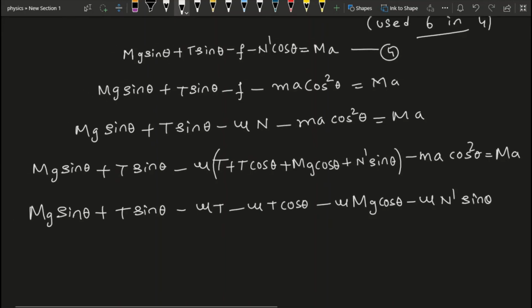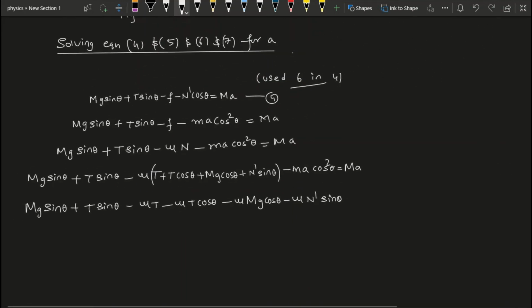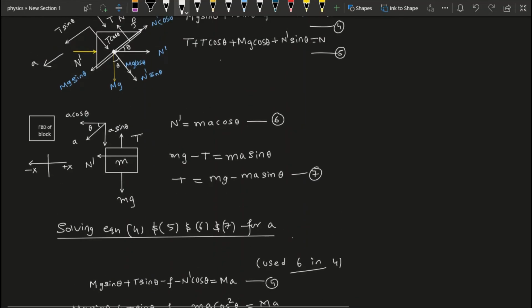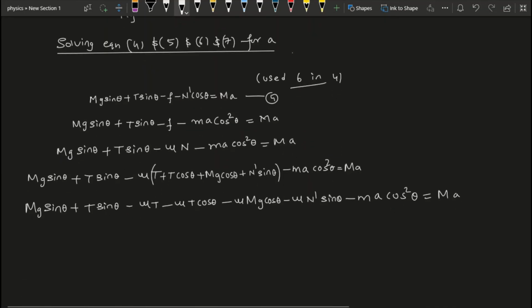So just wait students, I will enlarge this. n dash into sin theta minus m into a into cos square theta is equal to capital M into a. But here already we know what is this n dash. N dash is again ma cos theta. We can write here. Okay, don't forget anything.